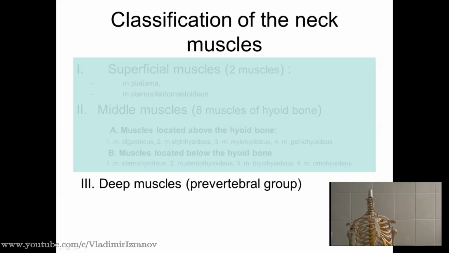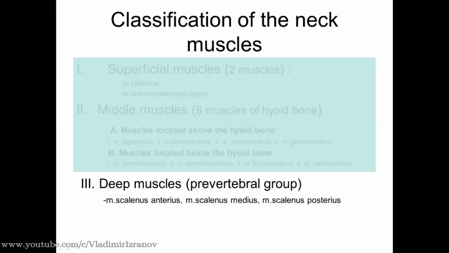They include 7 muscles, namely musculus scalenus anterior, musculus scalenus medius, and musculus scalenus posterior. Scala is the scale.